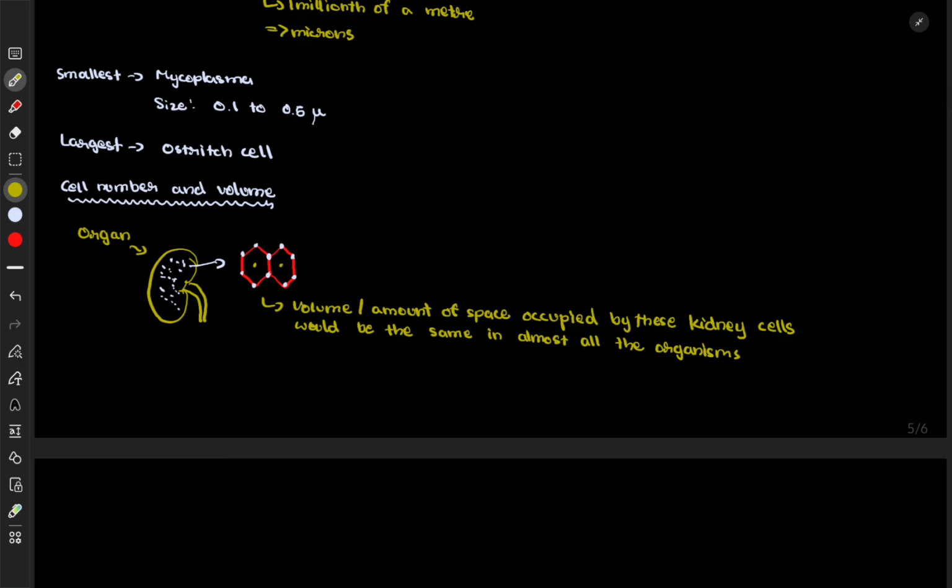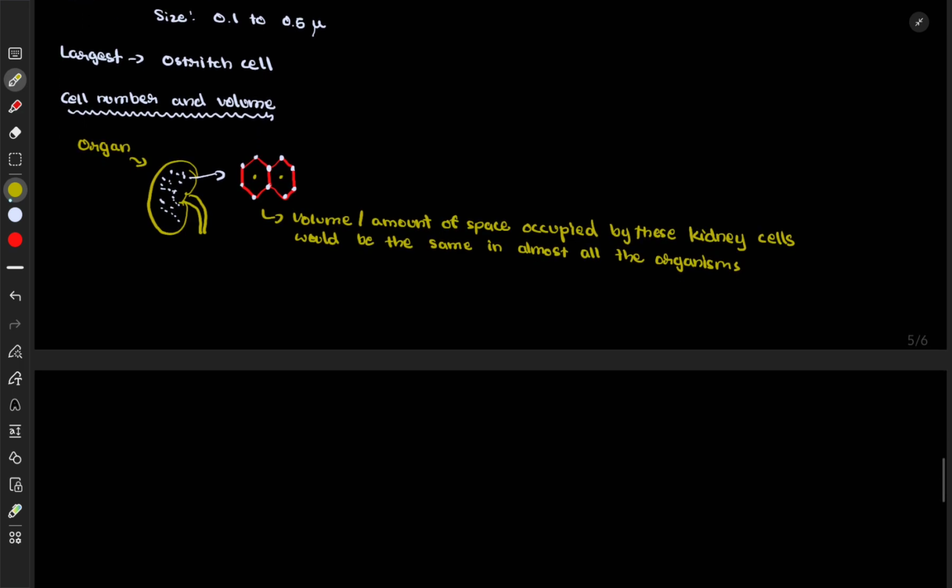Like, not actually the same, but around the same. So if you look at an elephant, which is the largest animal, right? Does that mean that it has large cells?